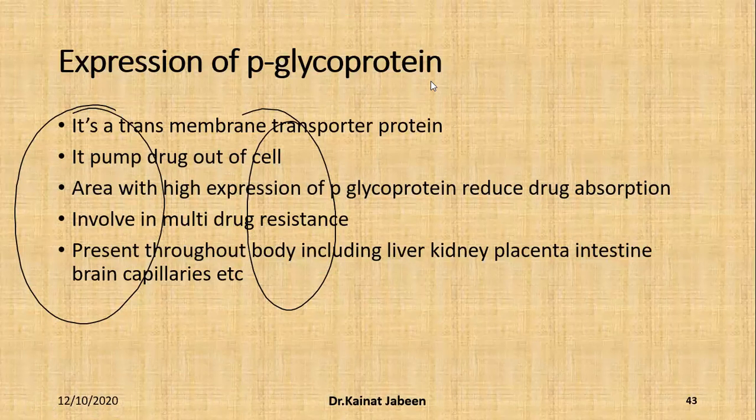So in the area where p-glycoprotein is present in large number, the drug will remain for less time because p-glycoprotein is going to pump it out. It is present mostly in kidney, liver, placenta, intestine, brain, capillaries, almost in all parts of the body. And the last thing, it is involved in multi-drug resistance.